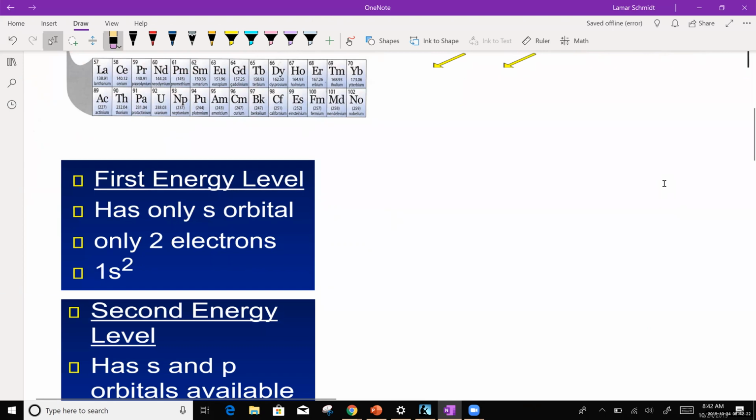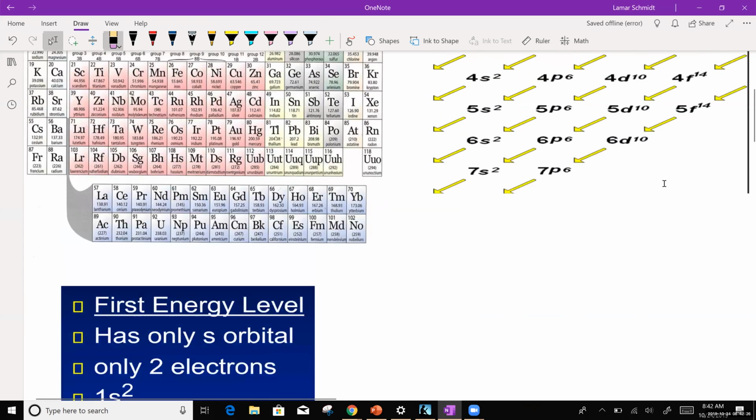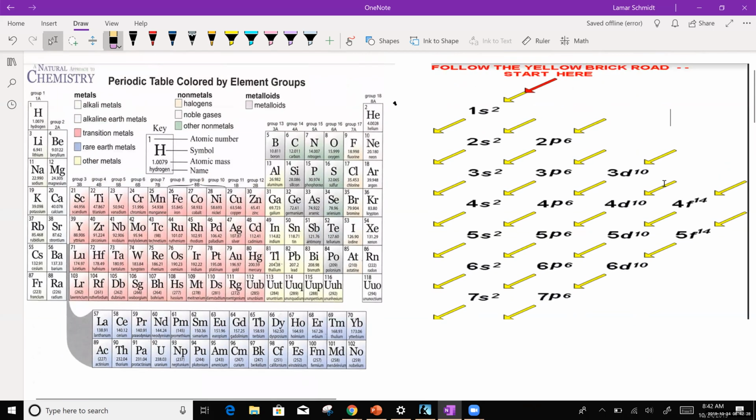We talked about how electrons were configured by energy level, and by now you should have labeled your periodic table to reflect that we have certain regions. This region here, with helium, we know is the S region.